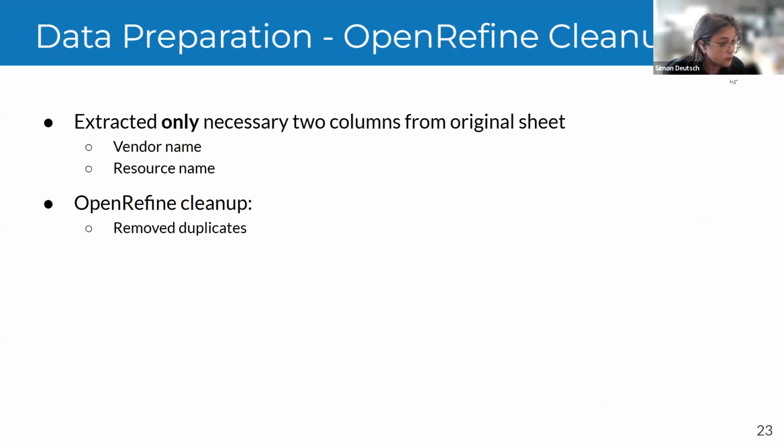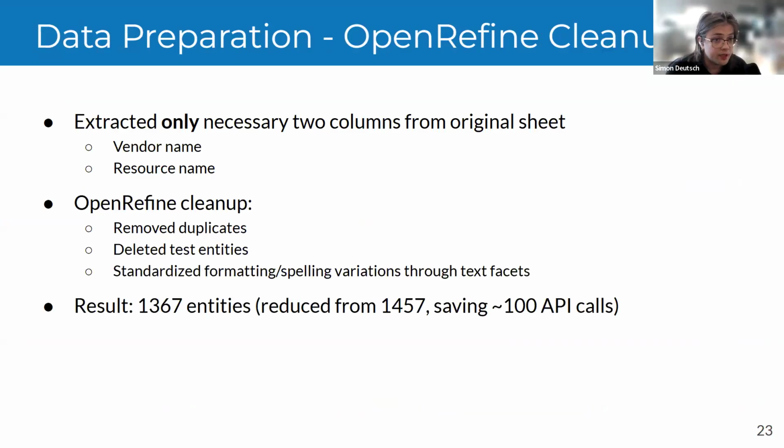The last step before I was able to actually go through and bring in all of the entities, I decided to do a little bit of OpenRefine cleanup. I separated the vendor and the resource names, the only two data items that were needed from the first CSV, and I brought them into OpenRefine.